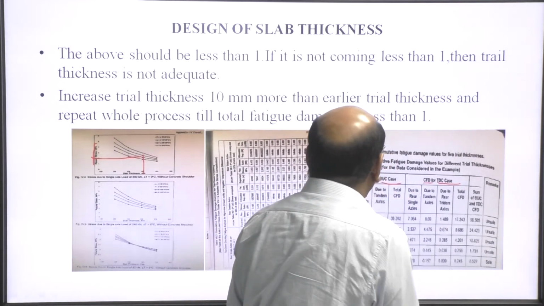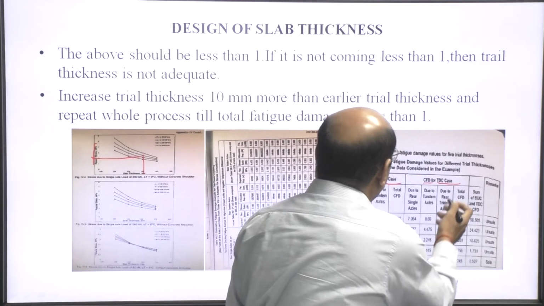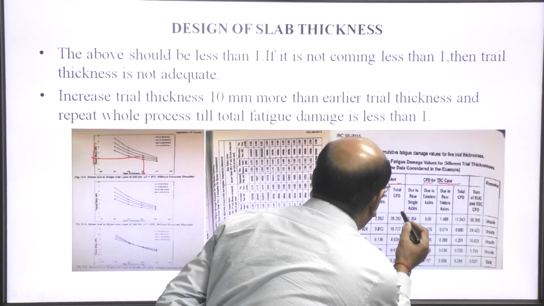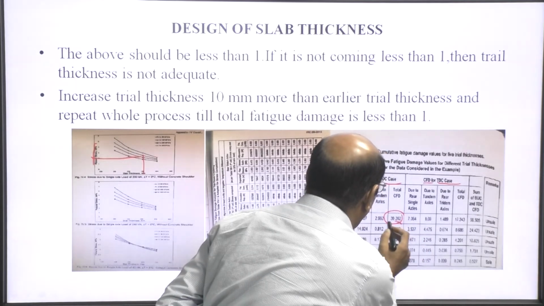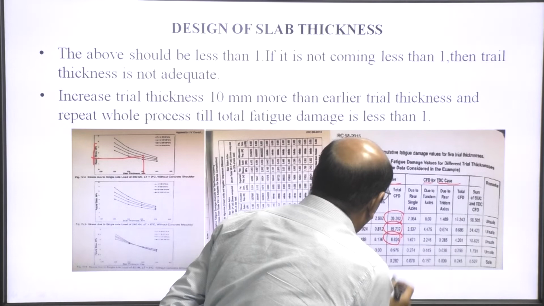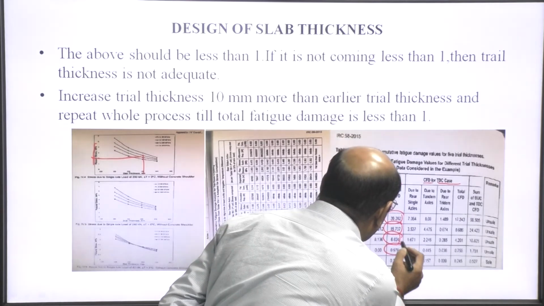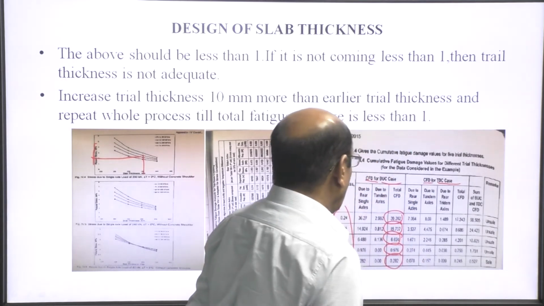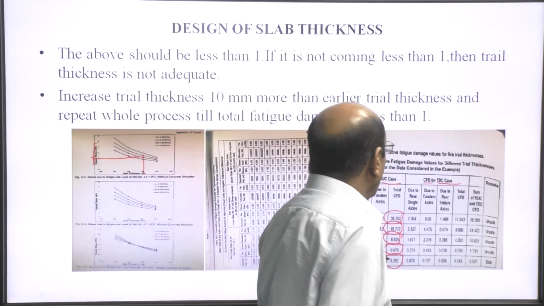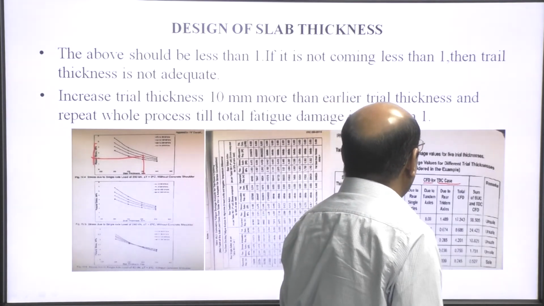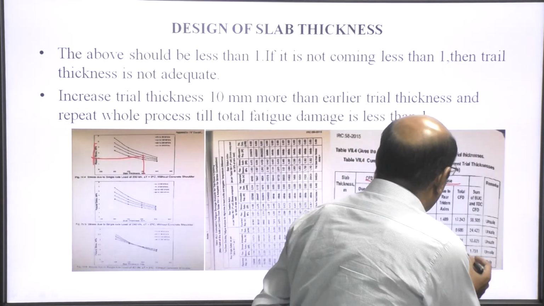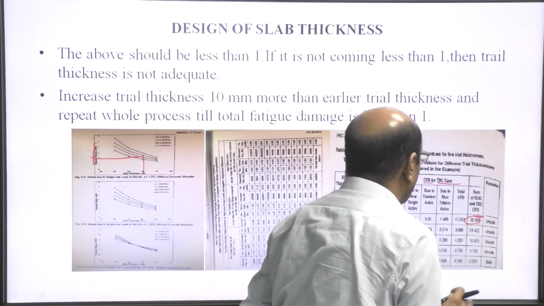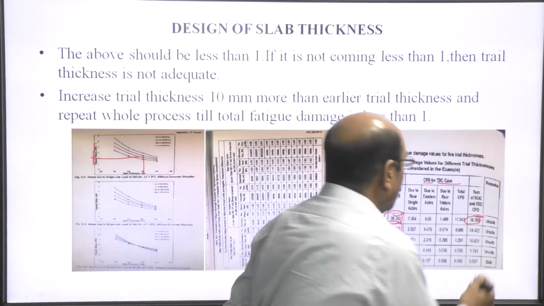This is for the bottom up cracking and this is top down cracking. See here, this is 30.262, 15.713, 6.2621, 0.976, 0.282. The cumulative fatigue damage for the TDC case will be again here 56, it means the summation of this and this will be more than 1. So, it is unsafe.